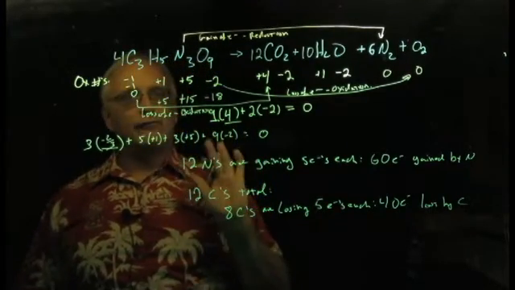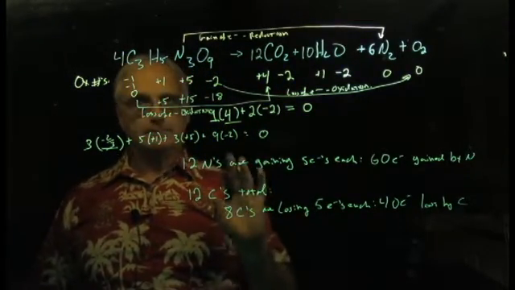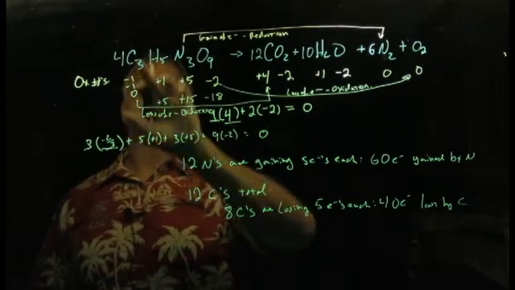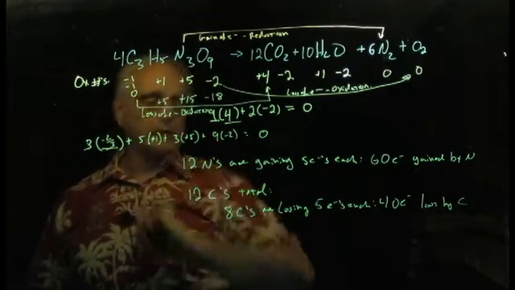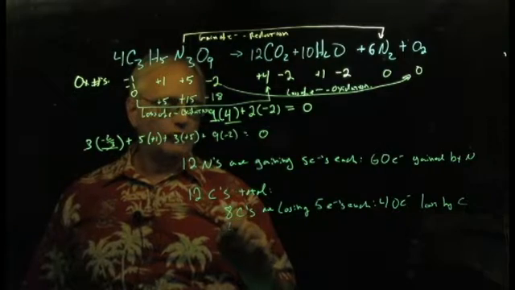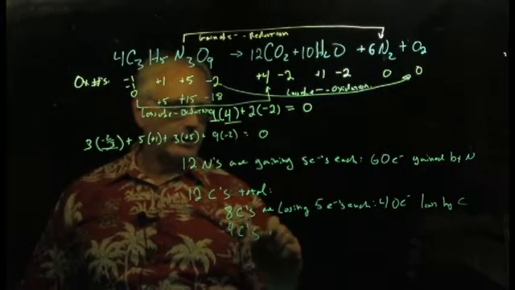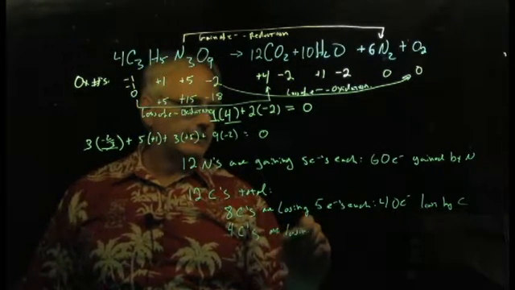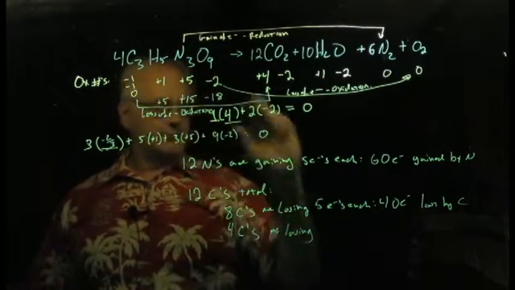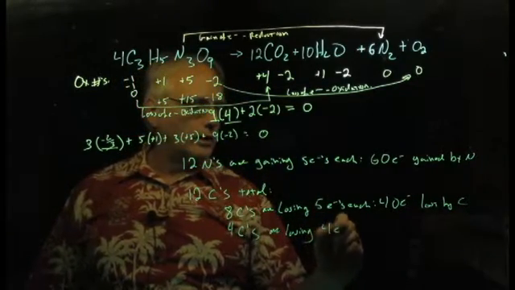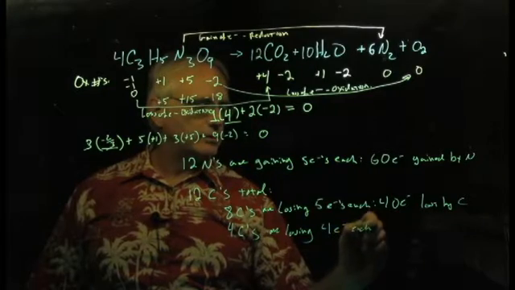The remaining 4 carbons here, 1 per nitroglycerin molecule, 4 nitroglycerin molecules total, 4 of these carbons are losing 0 to +4, 4 electrons each.